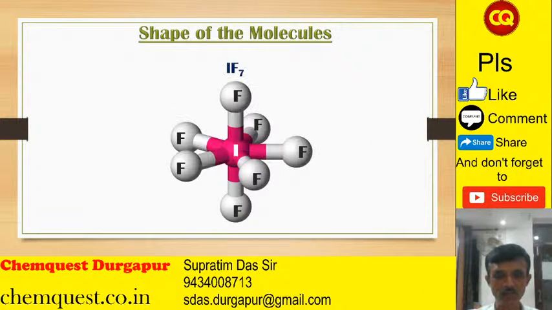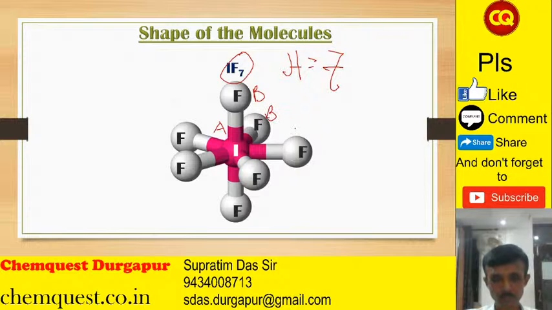H value equal to 7, iodine heptafluoride, B: 5B means 5 fluorine atoms on the base and 2 fluorine atoms, one above and another below.